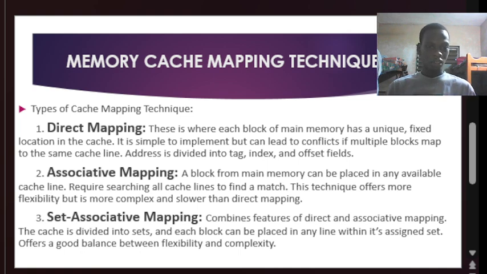This offers a good balance between flexibility and complexity. So set associative mapping has features of direct mapping and associative mapping. It's like a hybrid of the two.